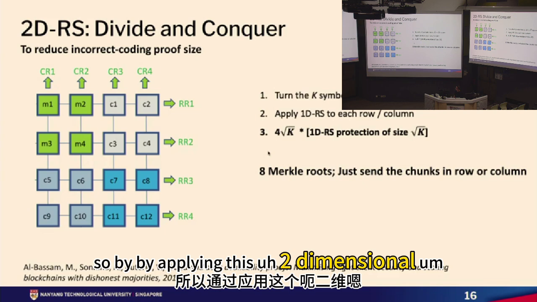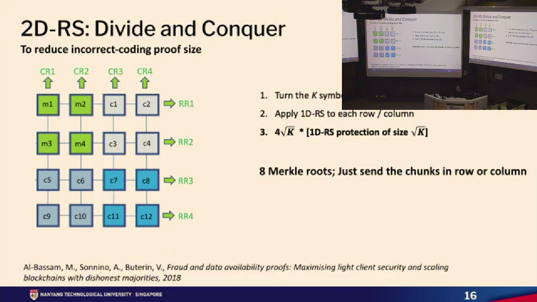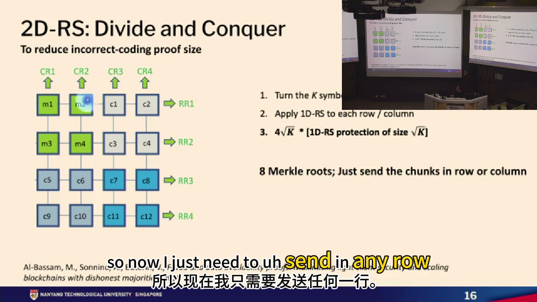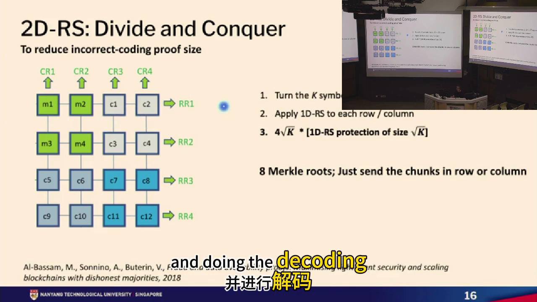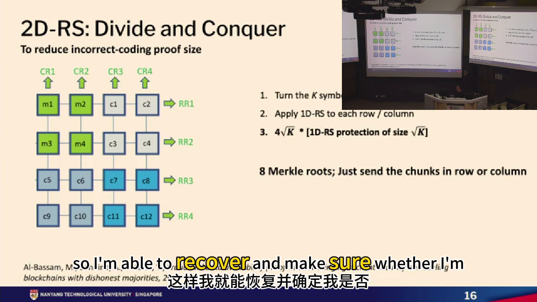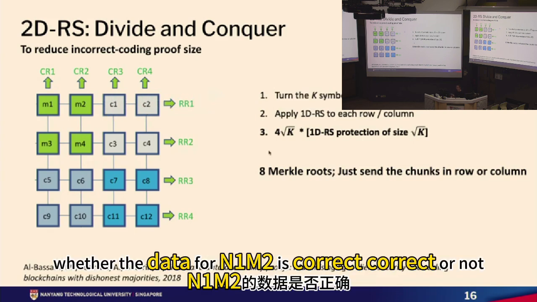So by applying this 2-dimensional RS encoding and decoding, what happened? Now I just need to send any row, and I'm able to recover and do the decoding. So I'm able to recover and make sure whether the data for M1 and M2 is correct or not.